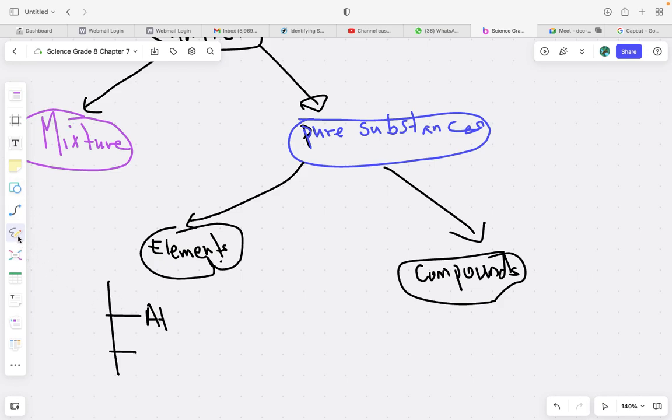This one is made up of atoms or molecules of a single element.